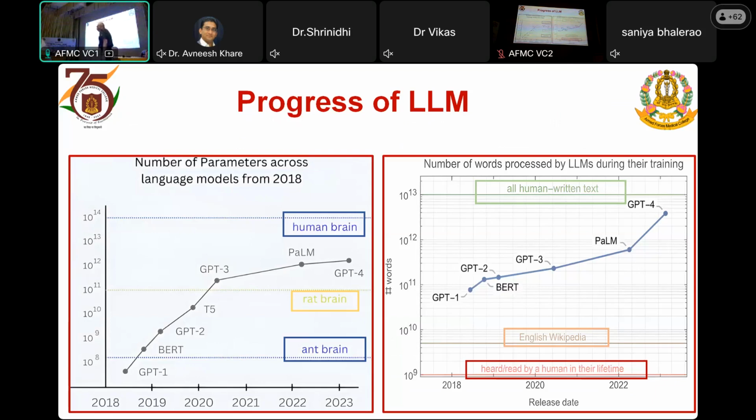So the human brain is not open to much data. It has not been exposed to a lot of data, but it can analyze this data faster and better. GPT-4, on the other hand, has been exposed to a lot of data, but still it cannot compute it as well as a human brain.